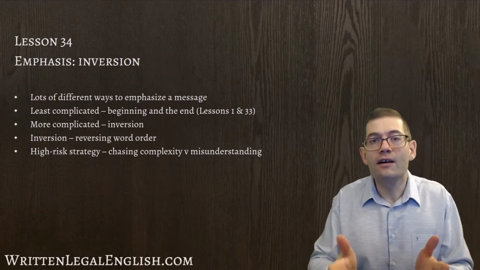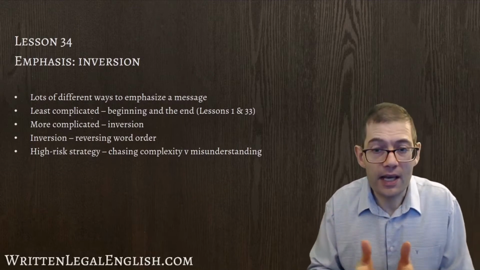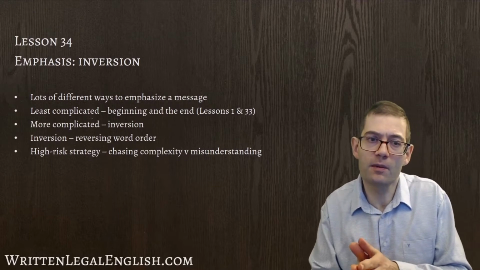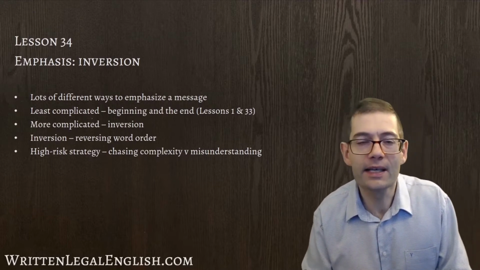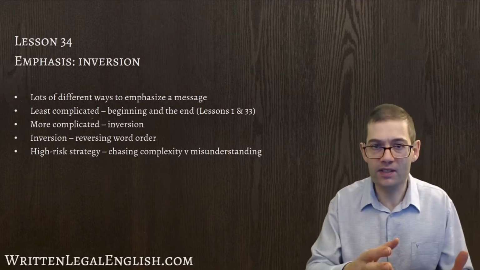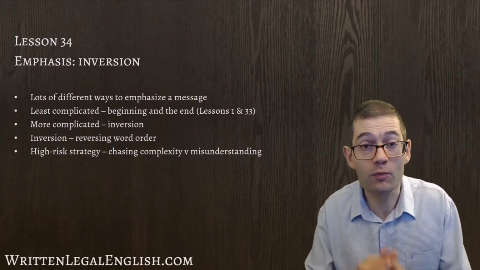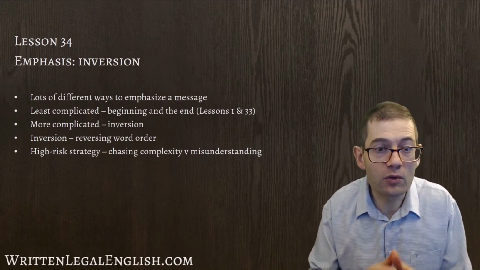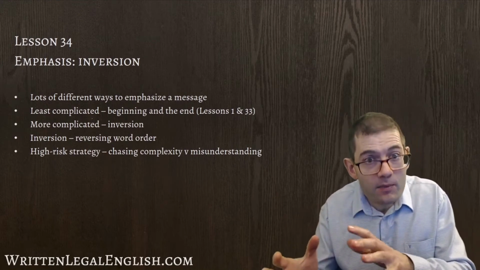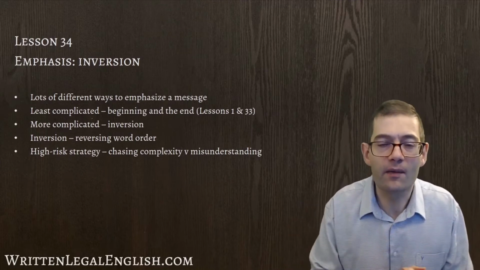But of course, there are other forms of emphasis, and I want to divide these forms of emphasis up into less complicated and more complicated. And I would say that front-loading emphasis and rear-end emphasis, or back-end emphasis, would be perhaps the least complicated forms, although back-end emphasis is more complicated than front-end emphasis.